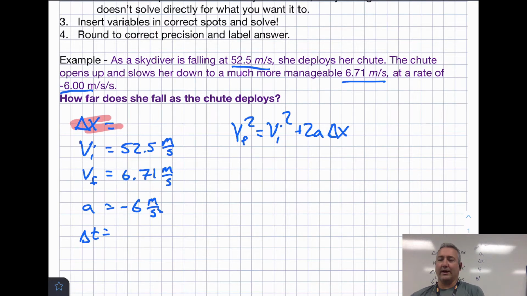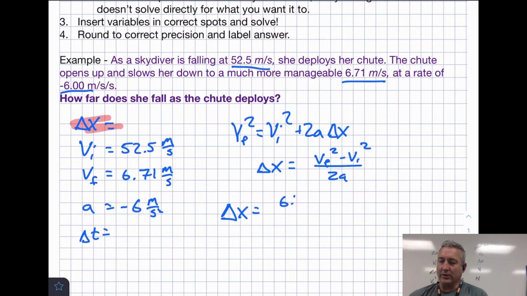I like to solve this algebraically before I put numbers in. Sometimes it's easier after you put numbers in. But if I solve this algebraically, and you don't need to show every step, delta x would be Vf squared minus Vi squared over 2a. So I know final velocity, initial velocity, and acceleration. So now I can plug my numbers in.